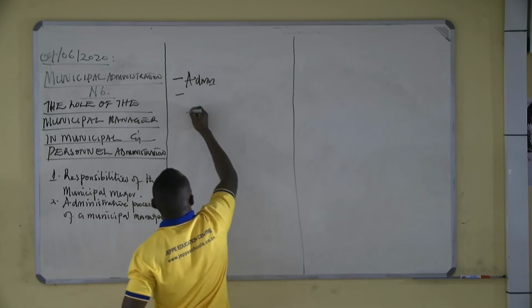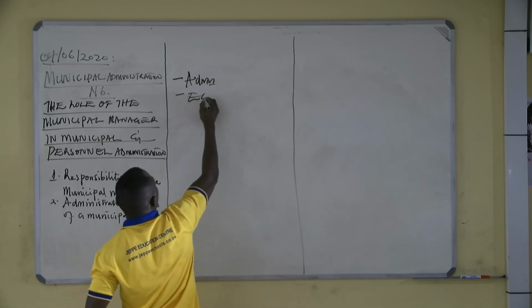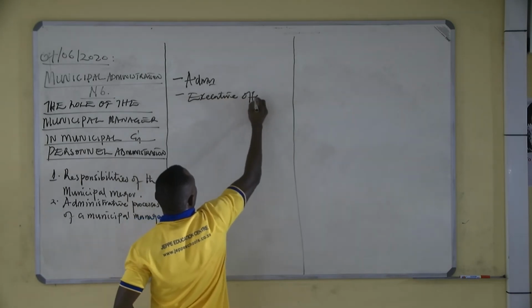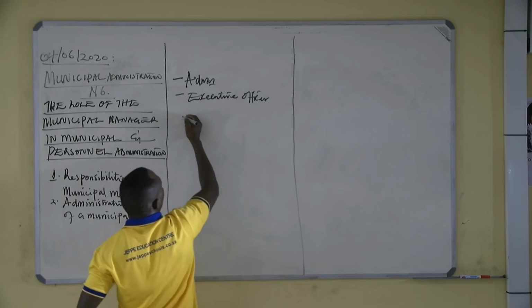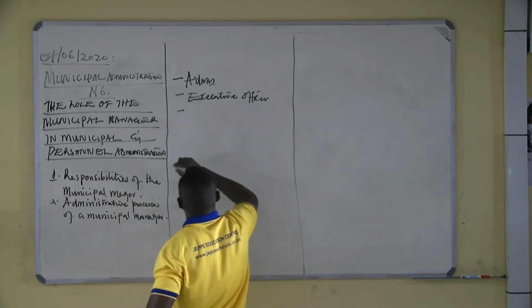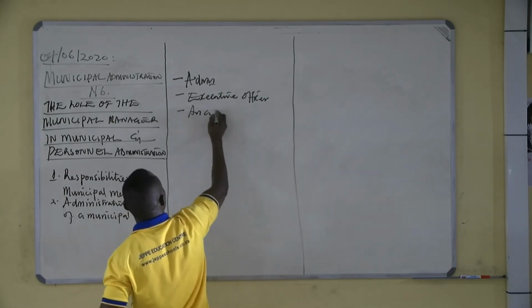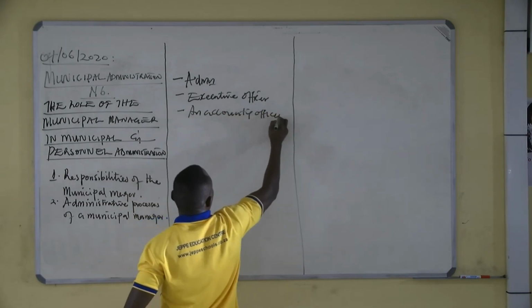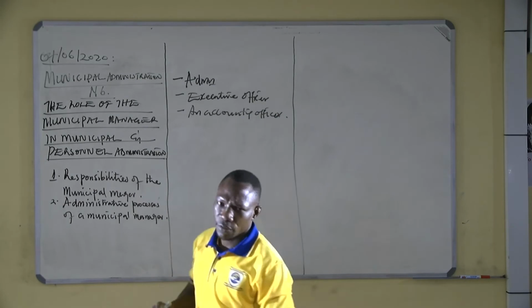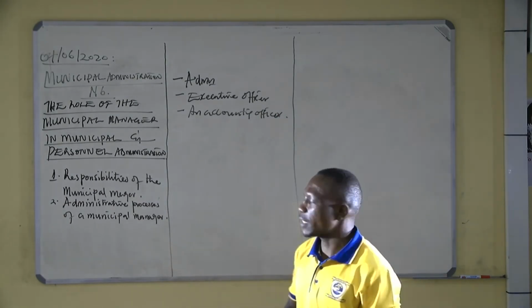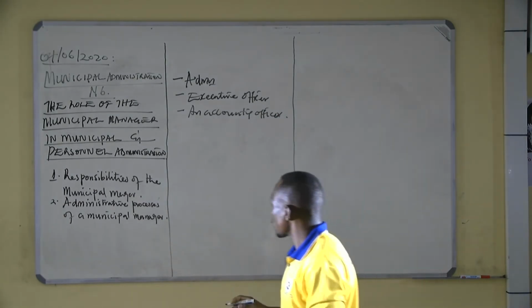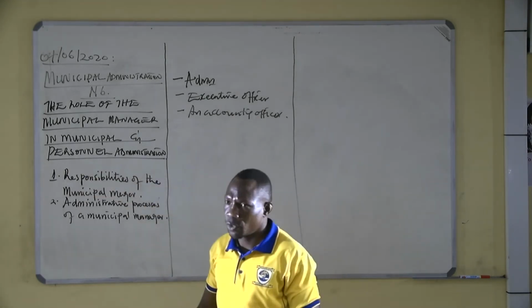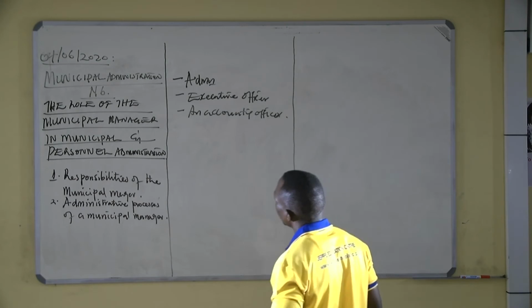The municipal manager is also seen to be an executive officer, and also an accounting officer. So these are the three significant roles that a municipal manager plays in municipal administration, and also in personnel administration in a given municipality.